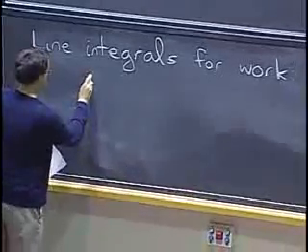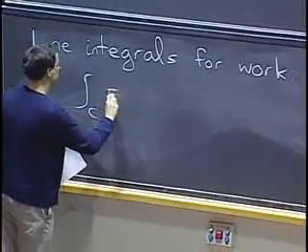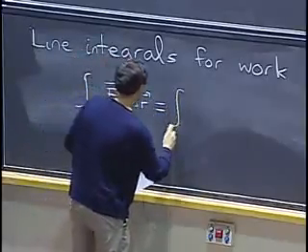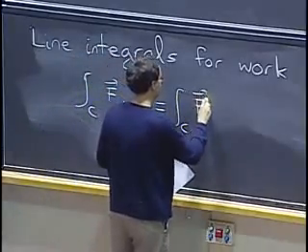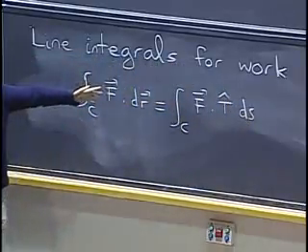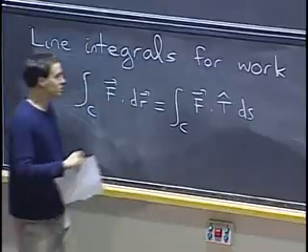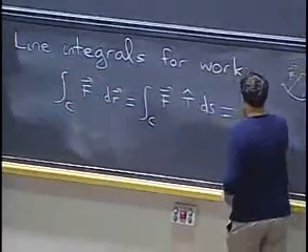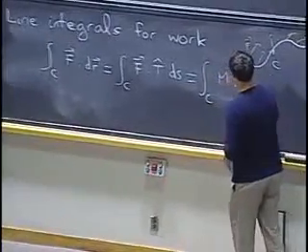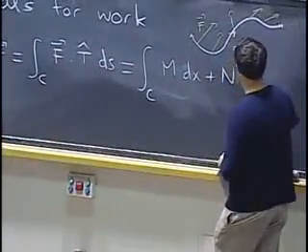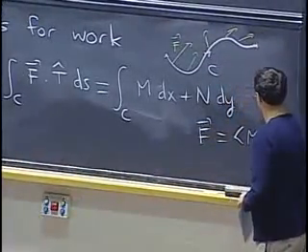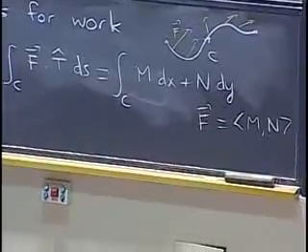So that's the line integral along C of F dot dr, or more geometrically, the line integral along C of F dot T ds, where T is the unit tangent vector and ds is the arc length element. Or in coordinates, that's the integral of M dx plus N dy, where M and N are the components of the vector field.